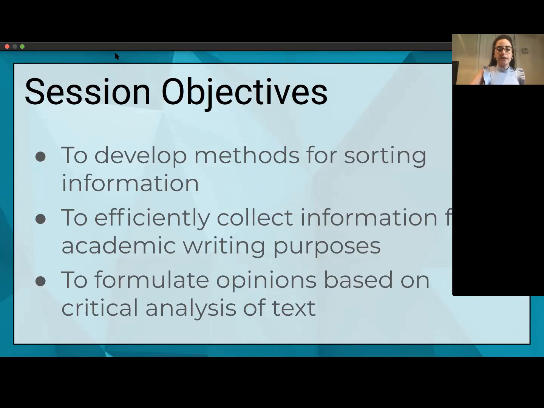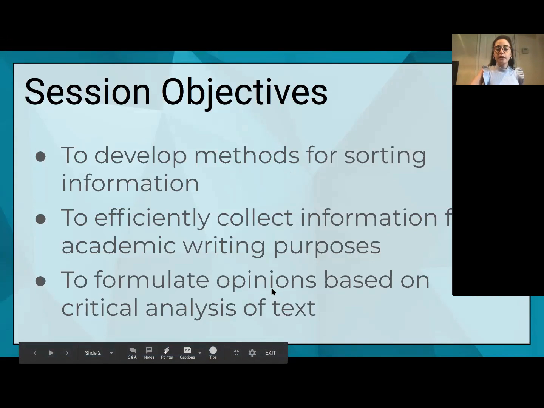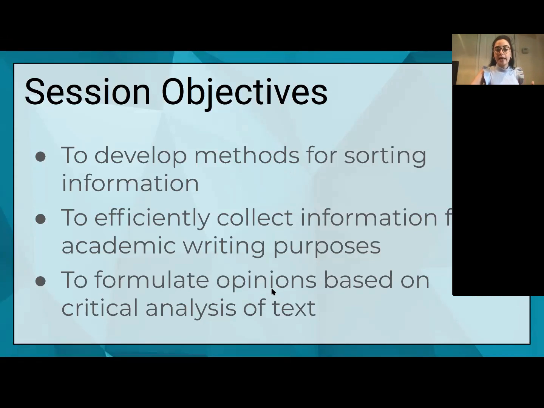And then we'll find ways to connect and to draw those conclusions about what we're reading. So before we get started, I do want to initiate a poll. How do you approach reading an academic article or text? What's the first thing you do? I hope you're able to see that. What is your approach to reading an academic article when you first find it?